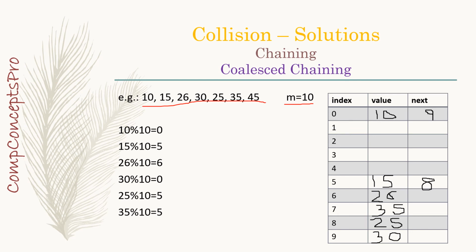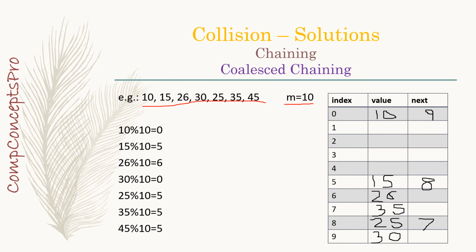There is one key value already stored here, but the next column is empty. So we will store the index position 7 here. So now when we look in the next column of this index position, the index value stored is 7, and then we'll go to the index position 7 and we'll find out that our key 35 is stored here at the index position 7.